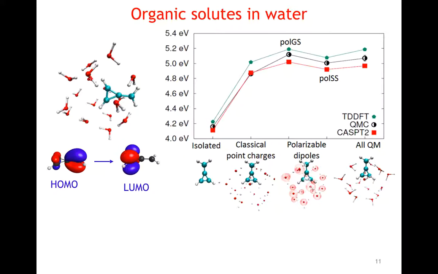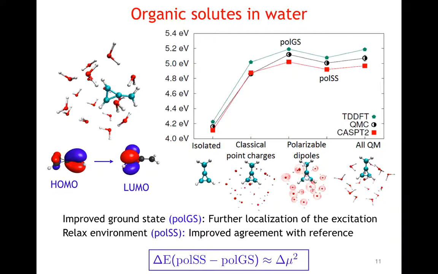If we compute the excitation energy polarizing the system only with respect to the ground state, so in the Pol-GS condition, we see a further enhancement of the blue shift, and this is a consequence of the stabilization of the ground state, while the excited state does not respond to the excitation.